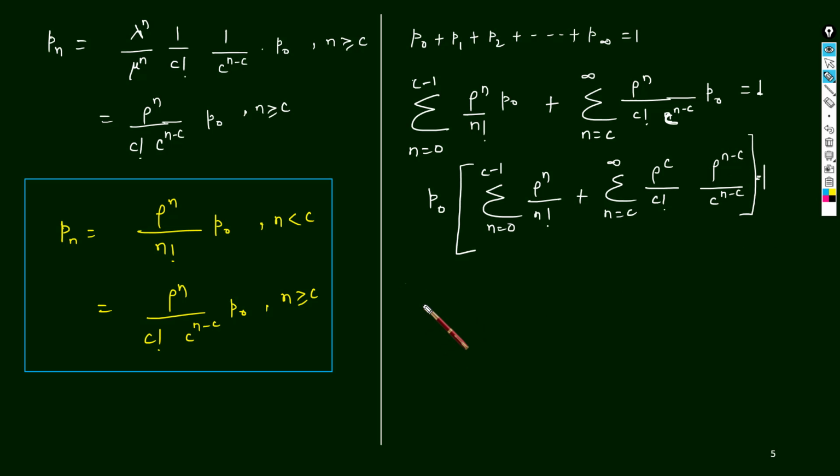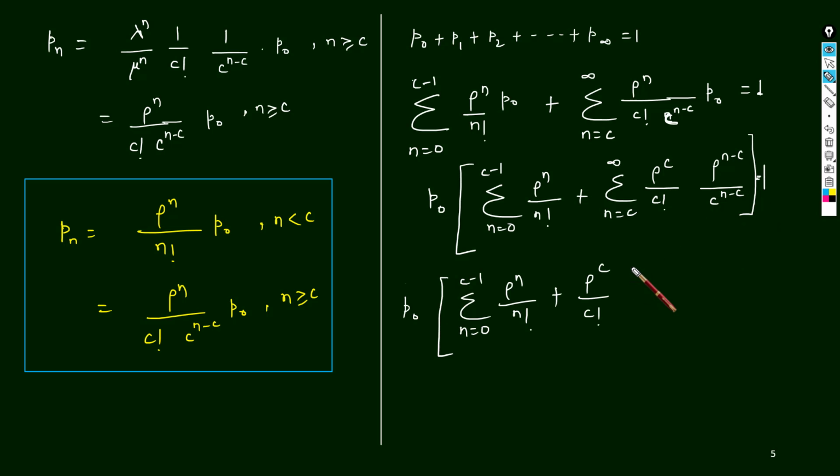So now let us see how we can reduce this term. See, this is constant, rho to the power c, because there are no n terms in this, so we can take it outside, and now this one is remaining. So let us suppose that n is equal to c, then it is rho to the power 0 by c to the power 0, that is 1.